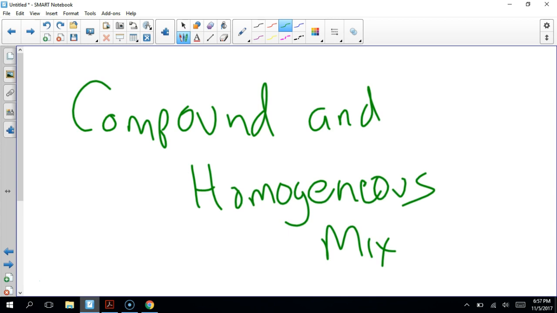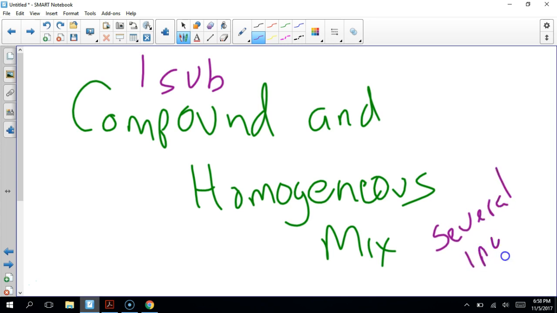and a homogeneous mixture. A compound is only one substance. So this is one substance. A homogeneous mixture has several ingredients. So if you know it has several ingredients, but it appears to be all consistent, like milk, soda, gasoline, ink in a pen, those are all made up of different things.